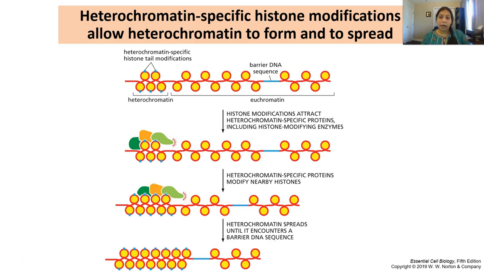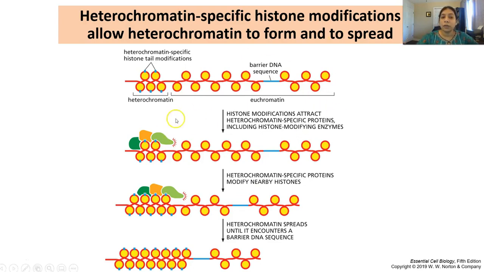So we talked about how you have those heterochromatin regions, which are really tightly compacted. In that heterochromatin region, you will have different proteins coming in to modify those histones and to keep them extremely tightly compacted or to keep them more open in space.